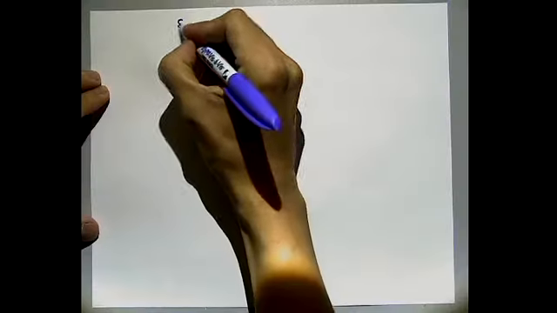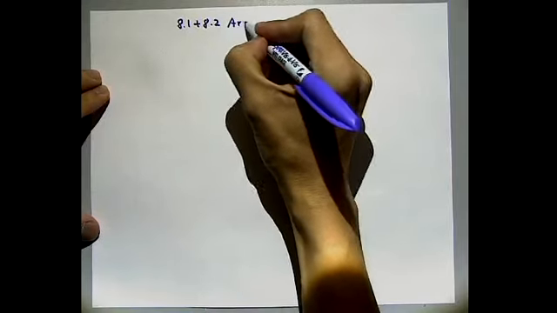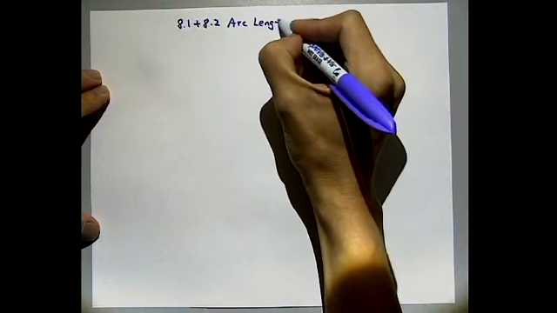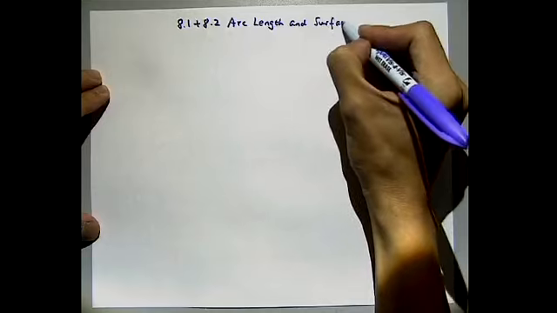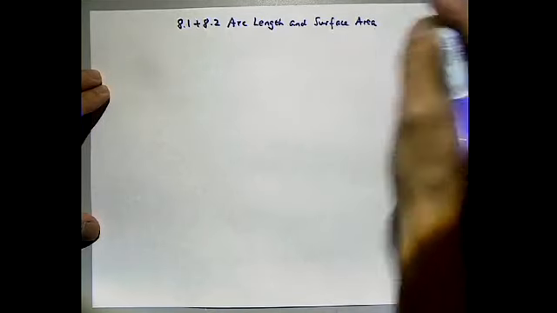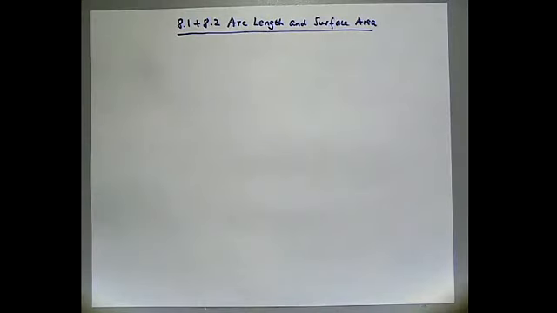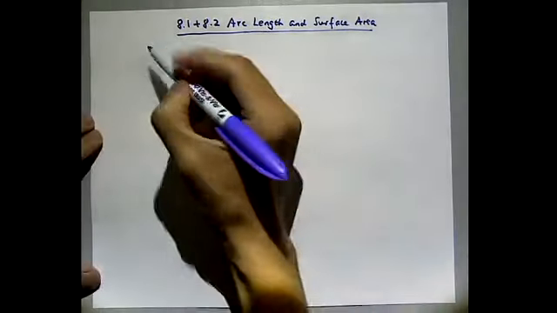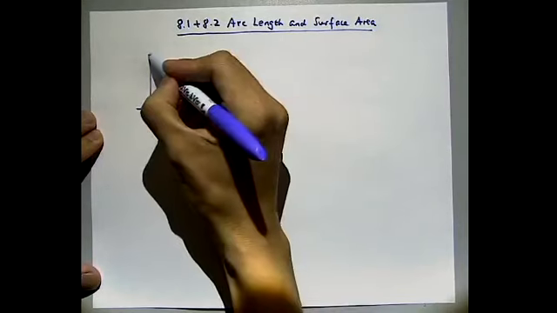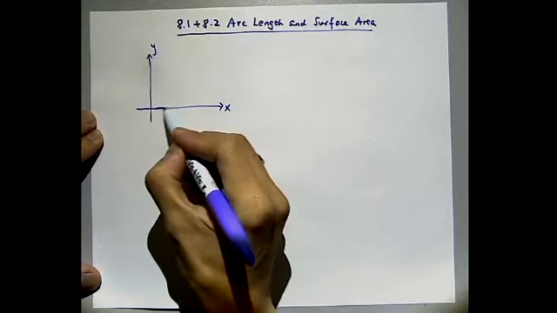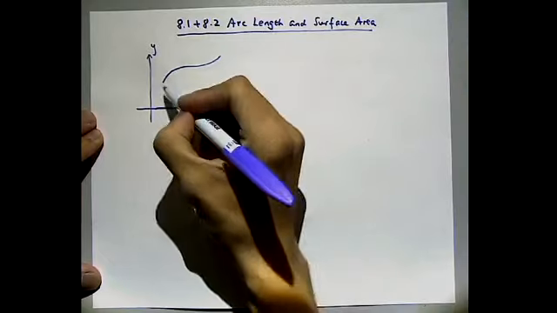All right, so as you saw, we're going to look at two sections at the same time. So imagine you got a function whose graph looks something like that.